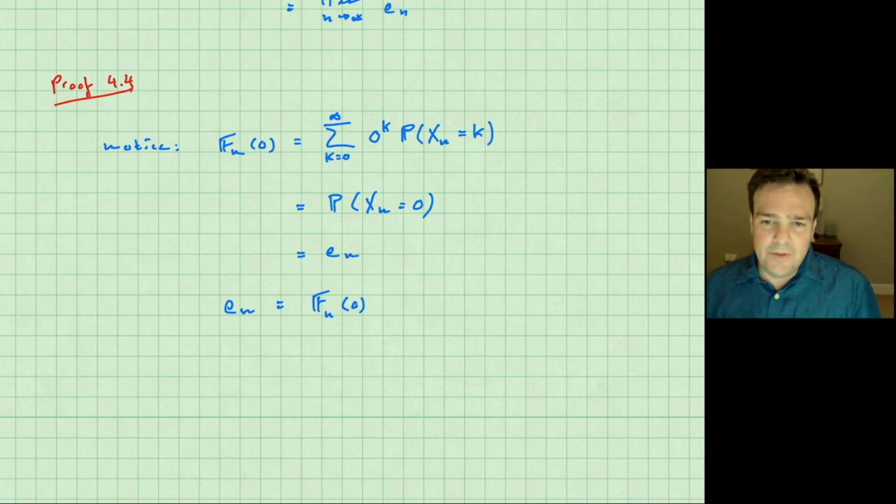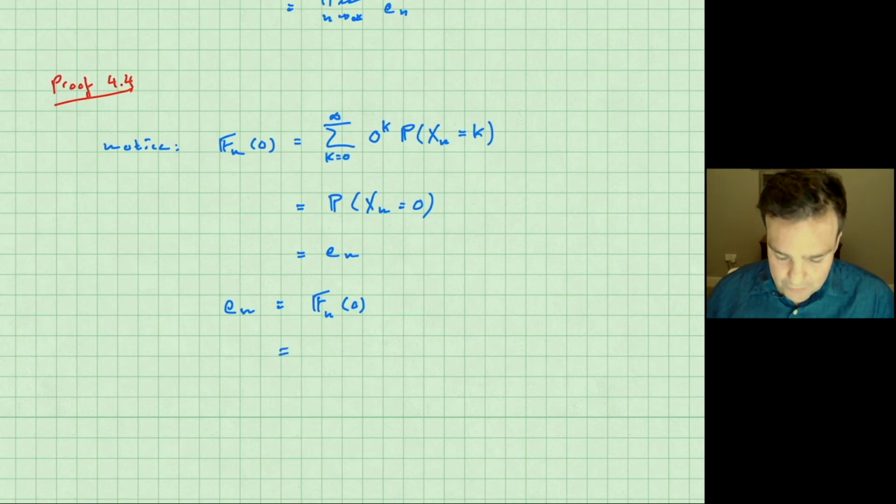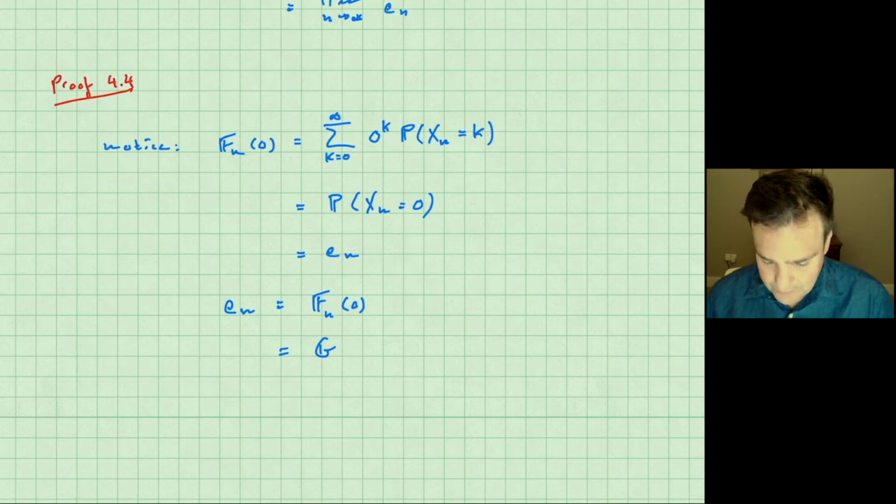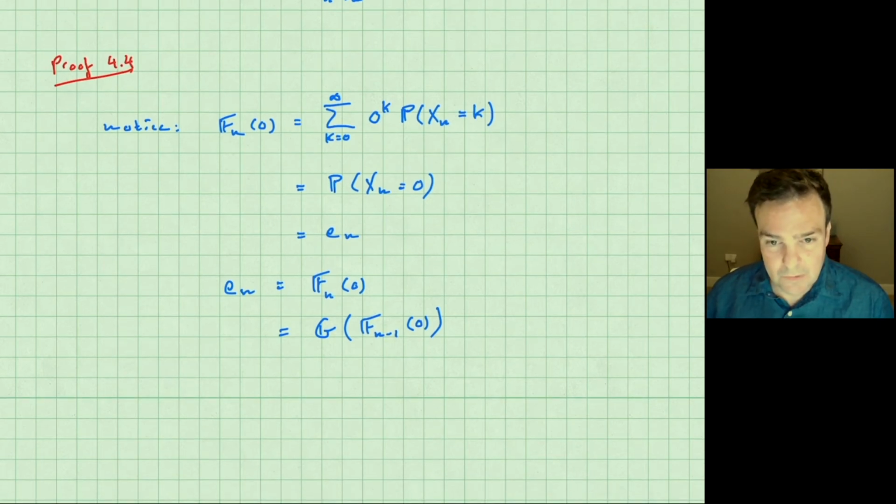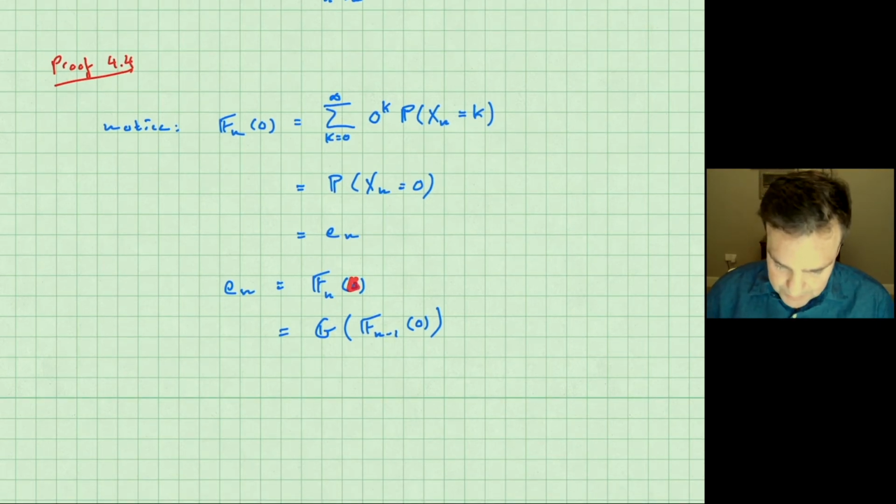But then by one of the propositions we proved in the last lecture, F sub n is the probability generating function for the offspring evaluated at F sub n minus 1, which is further evaluated at 0, just because there's a 0 here, and so it goes here.